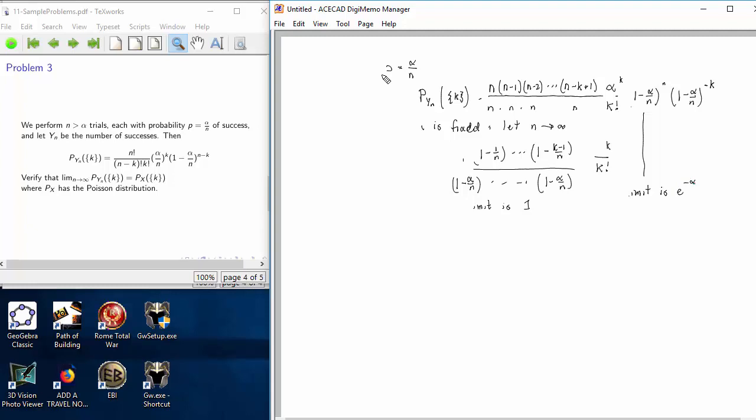So the limit as n approaches infinity of the probability of the event, k successes, is just e to the minus alpha times alpha to the k over k factorial, and that's the mass function for the Poisson distribution.